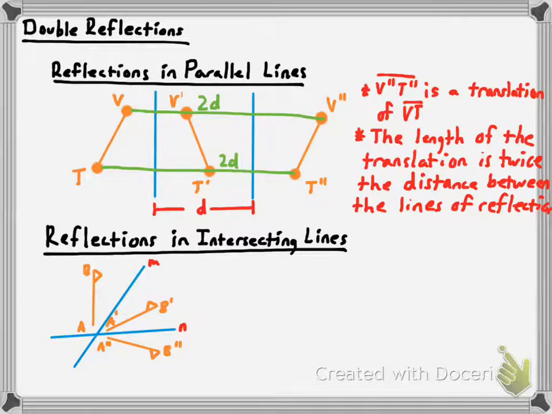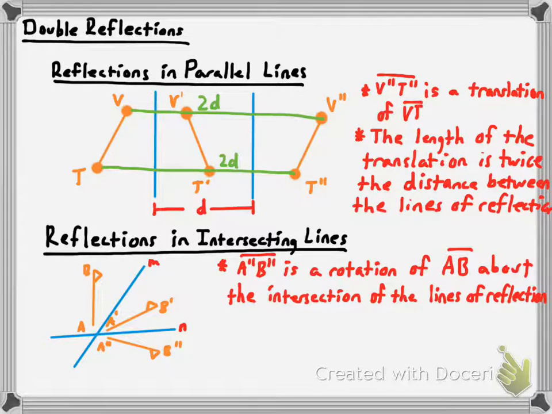So we would say that segment A double prime B double prime is a rotation of segment AB about the intersection of the lines of reflection. In other words, if I called that point P, where those two lines intersect, that would be the center of that rotation.